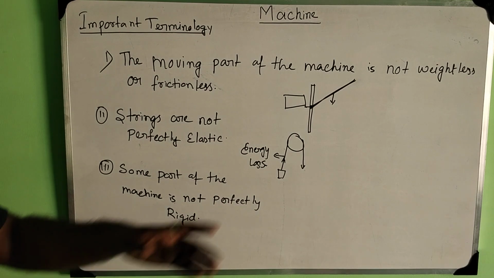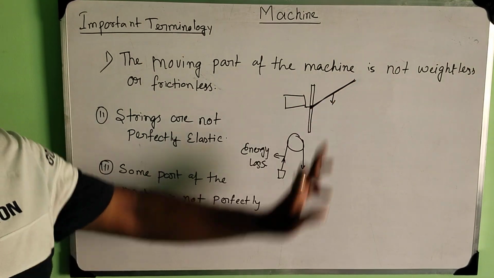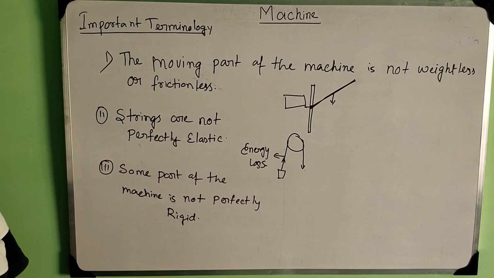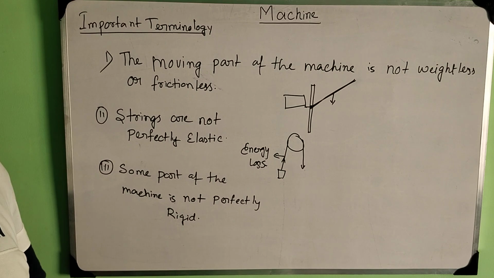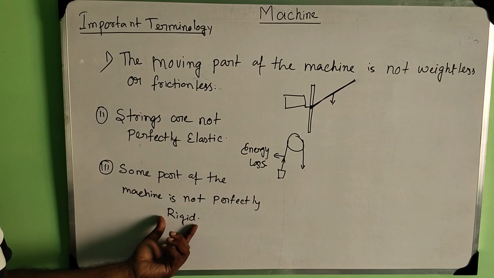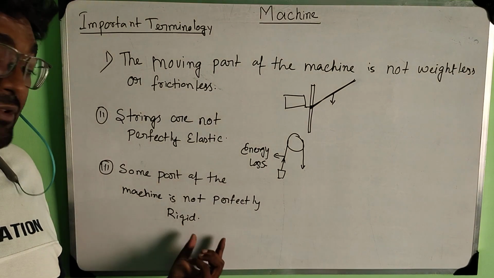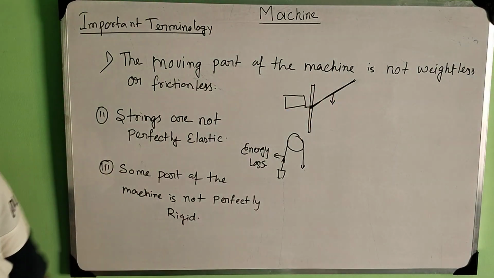The effort means the force we are giving. Now if we are applying the force and if the part of the machine is not perfectly rigid, then it will change shape. And if the force is utilized to change the shape of the machine part only, then obviously some energy will be lost due to this non-rigidity of the machine. I think it is clear. That means since the part of the machine is not perfectly rigid, some energy is lost due to the changing shape of the machine parts.